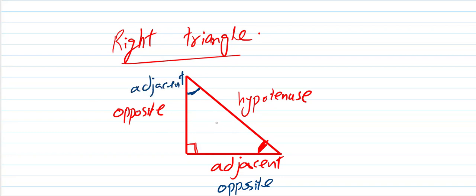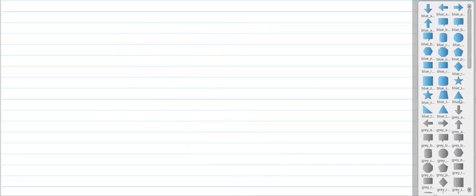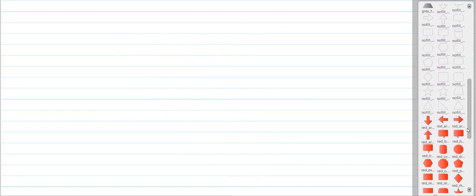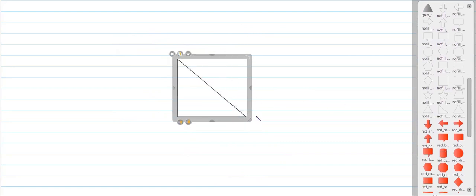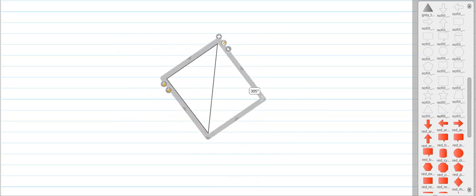Let's say, for example, I'm going to take a right triangle here. It doesn't matter in which orientation it is. If this is the right angle, the side opposite to the right angle, what do we call it?